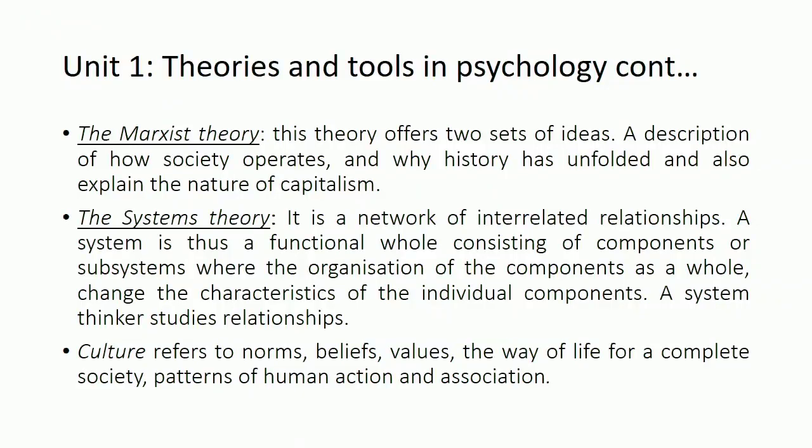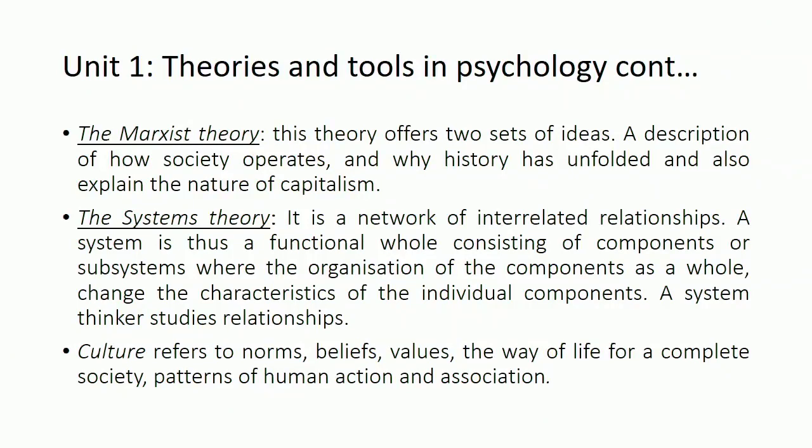The Marxist theory offers two sets of ideas, a description of how society operates and why history has unfolded, and also an explanation of the nature of capitalism. We are looking at system theory. It is a network of interrelated relationships.